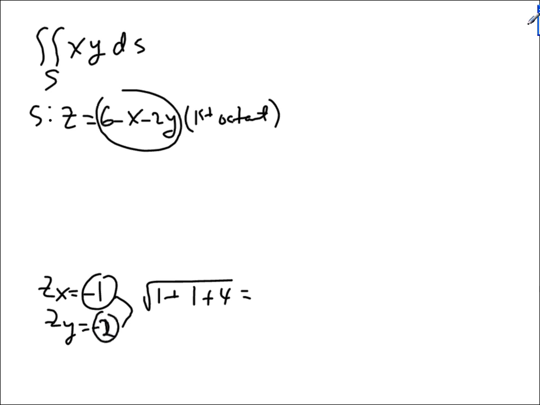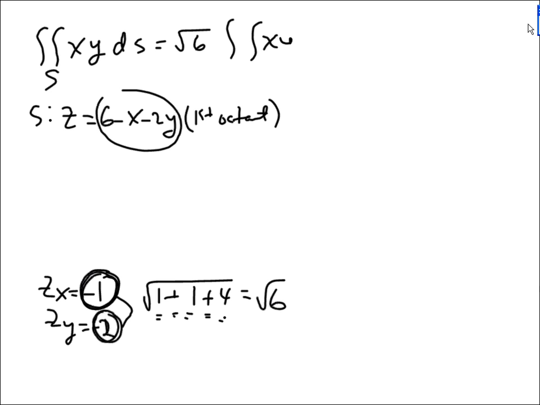It's 1 plus this squared, 1, plus this squared, 4. So we get the square root of 6. The square root of 6 times xy dy dx.